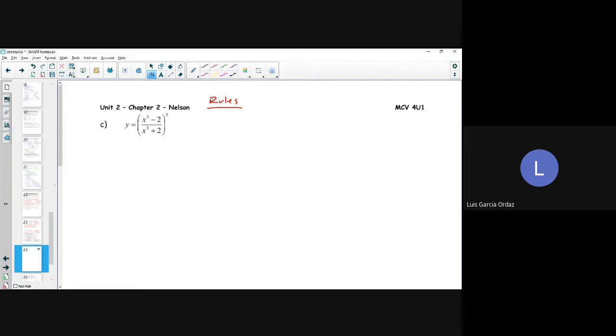Okay, we do have power of function and quotient, but we have one more. It's the one we did last lesson. Starts with a C, chain rule.